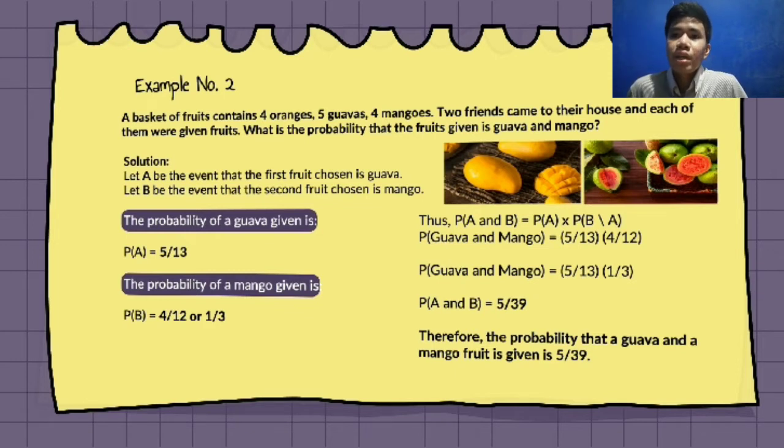So P(guava and mango) is equal to 5/13 multiplied by 4/12. Then P(guava and mango) is equivalent to 5/13 multiplied by 1/3. So the product would be 5/39. So therefore, the probability that a guava and a mango fruit is given is 5/39.